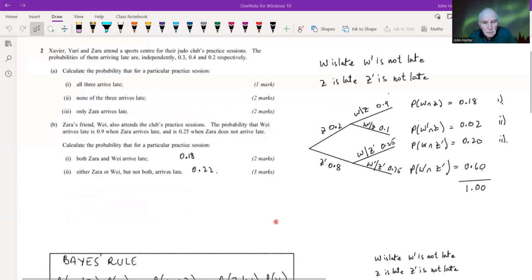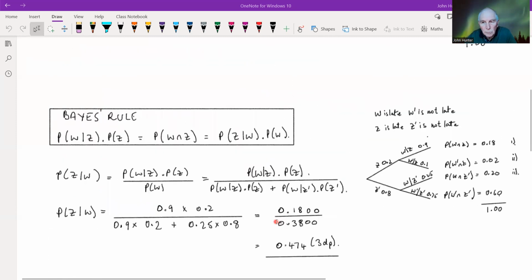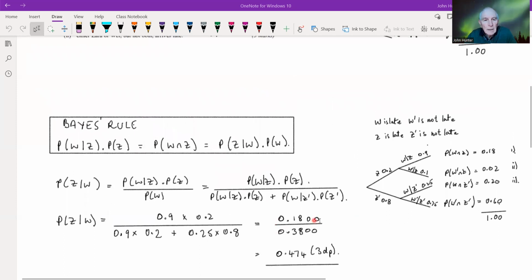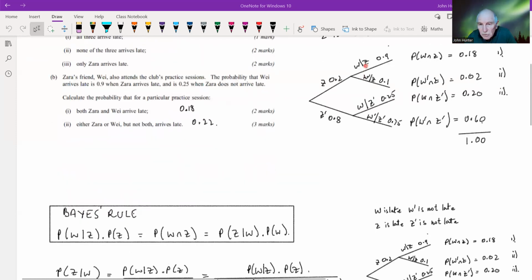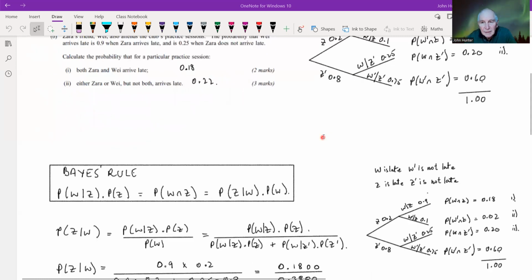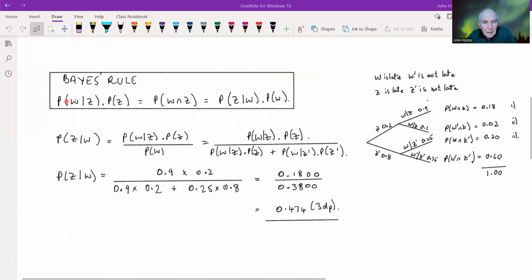So that is a conditional probability, right? Now, when I mentioned before the probability of we given Zara times the probability of Zara, that's what we've got there.